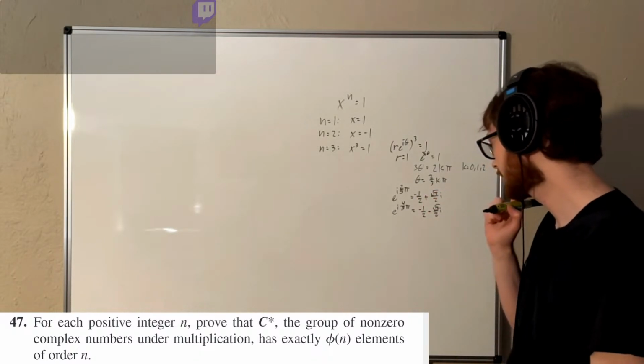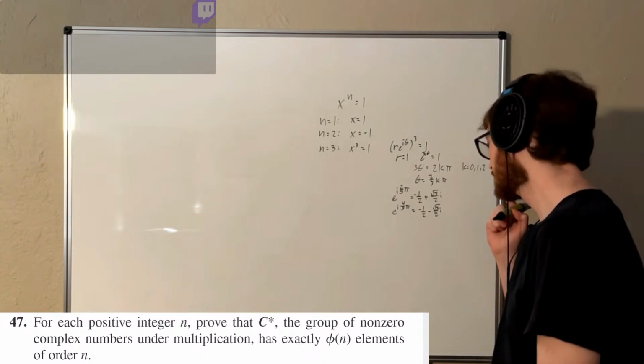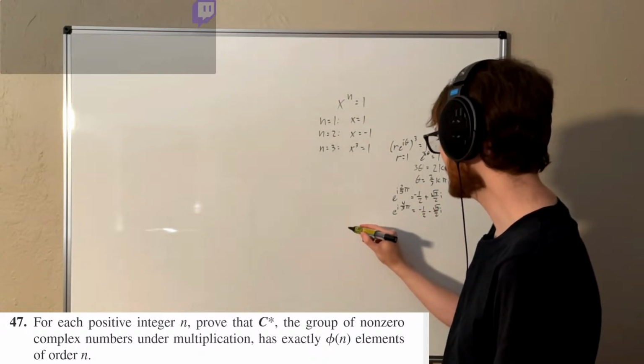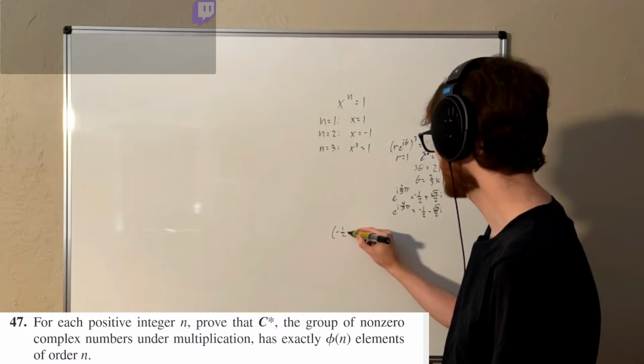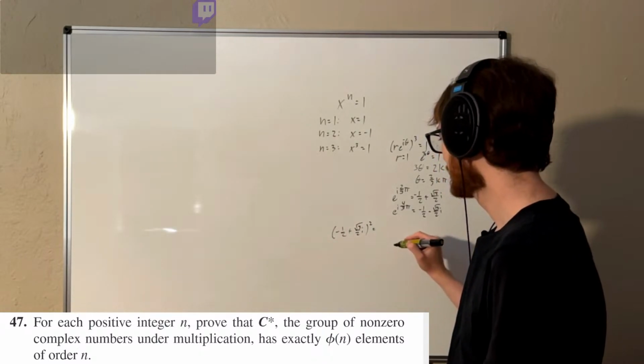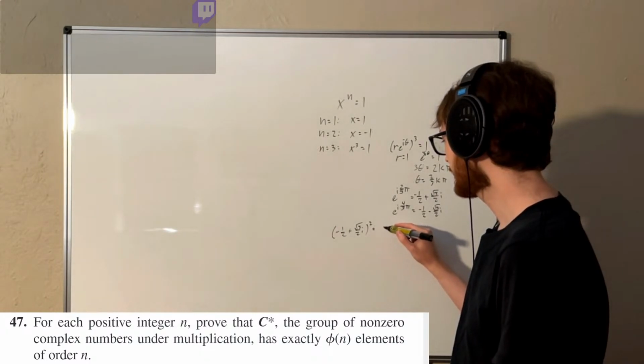That's a minus. So are these my order 3 complex numbers? Let's try it out. Let's get the square first.